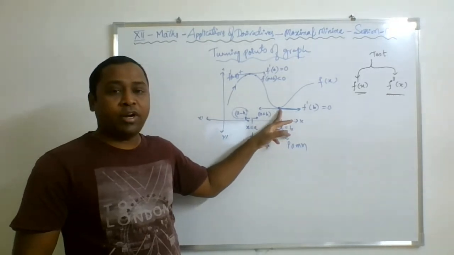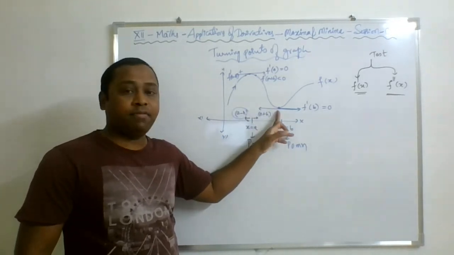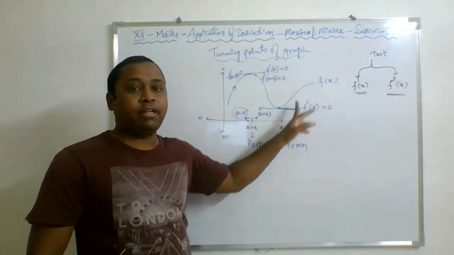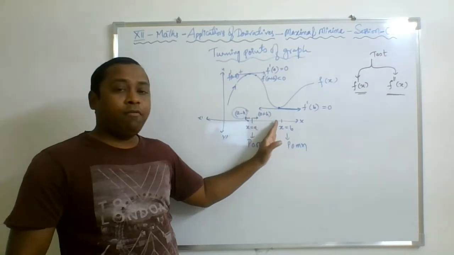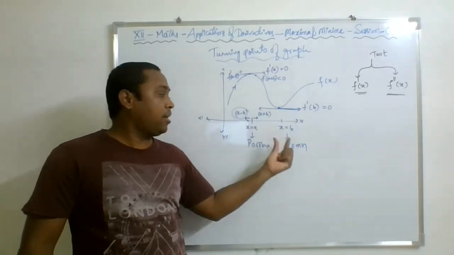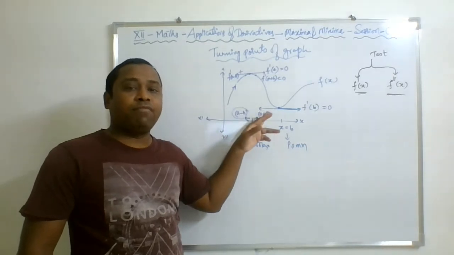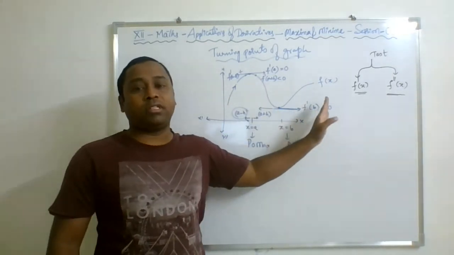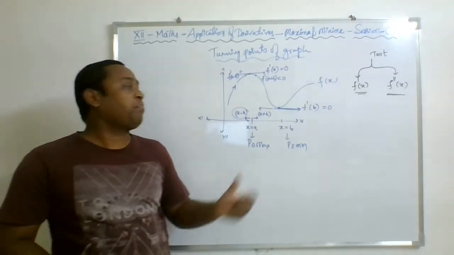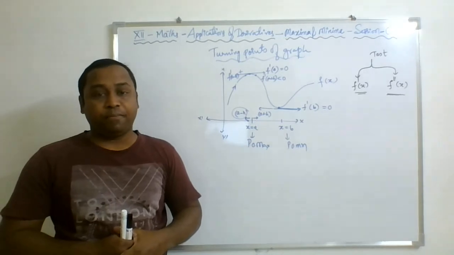Similarly, at this point you can see the derivative is negative on the left side and positive on the right side. Hence, if as x increases through this turning point the sign of the derivative moves from negative to positive, then we say this is a point of minima.